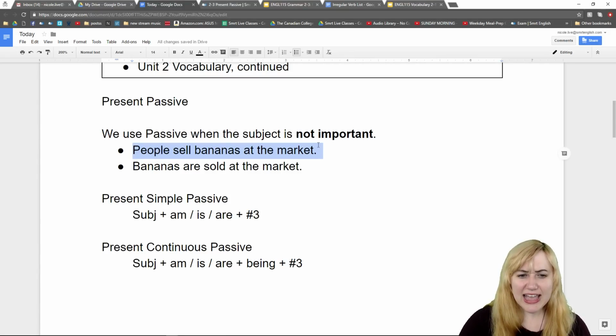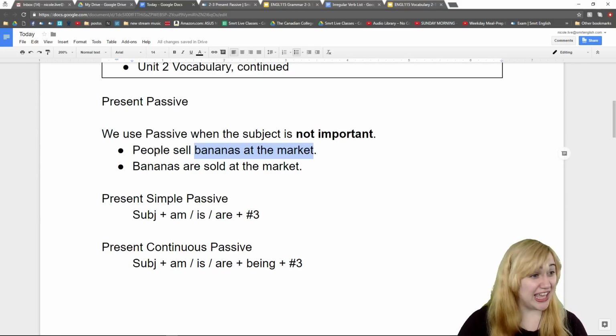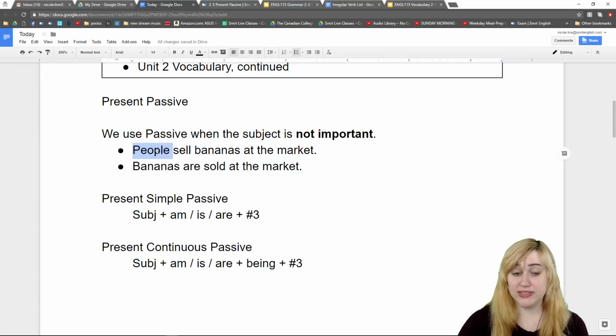So I think maybe the important information is that we have bananas at the market, right? Maybe we don't care who. It's not important who. Maybe people sell bananas. Maybe workers sell bananas. Sure, someone. Someone sells bananas, but we don't care. This information is not important.